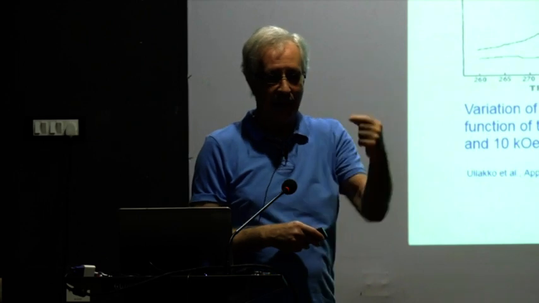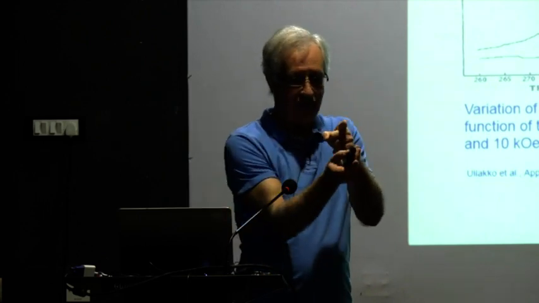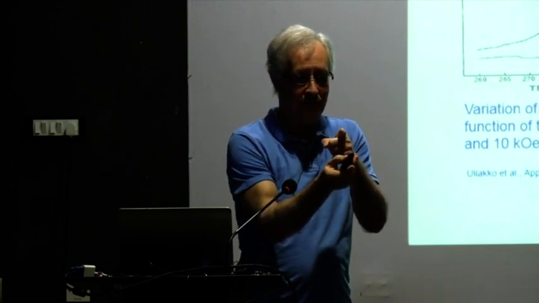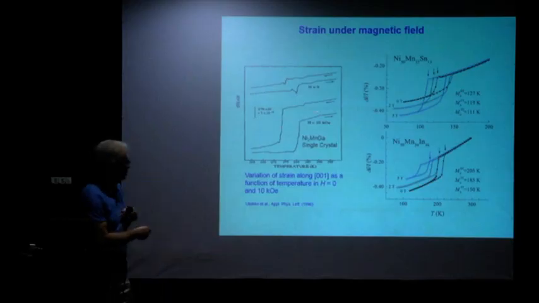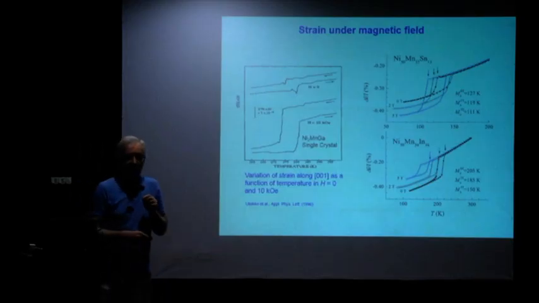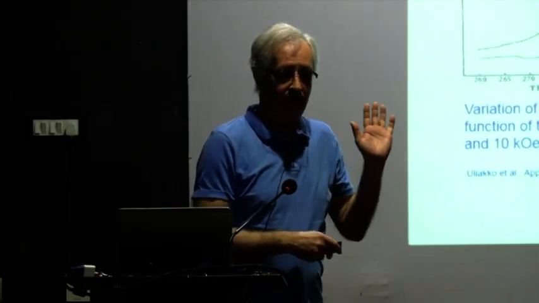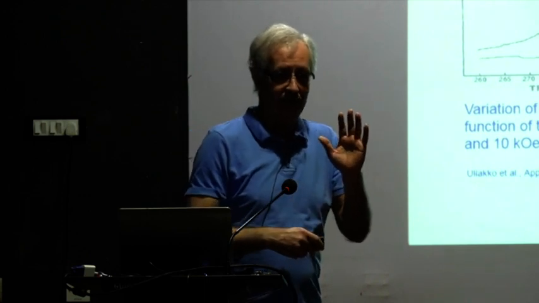Okay? We're cooling in a magnetic field. What does a magnetic field do? It selects the easy direction. The easy direction is a short axis in the case of nickel manganese gallium. And we have this decrease in the length. Okay. So this is our reference for the measurements.